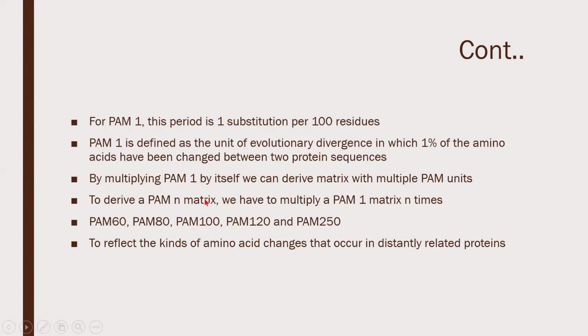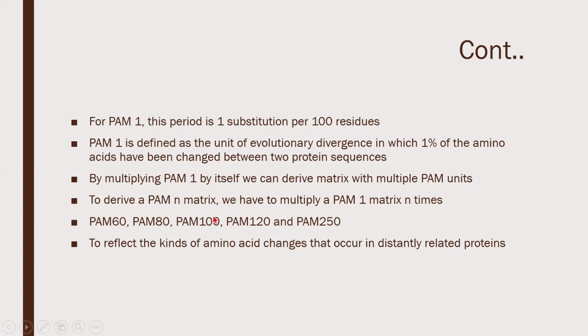Say, for example, if you want to derive the PAM-N matrix, then you have to multiply the PAM1 matrix N times. That's how a series of PAM matrices has been developed, for example PAM60, PAM80, PAM100, PAM120, PAM250, and so on.